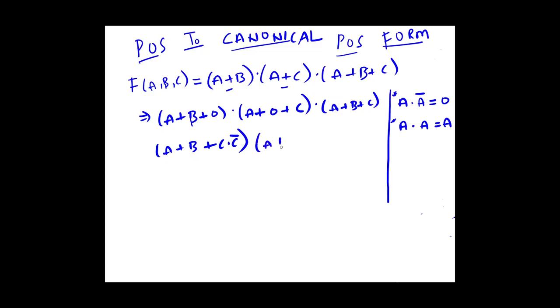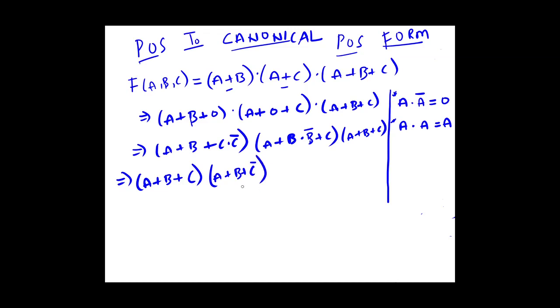Next, here A plus, in place of 0, I'm replacing it with B into B bar, plus C. Next, here you already have A plus B plus C. Then from the first term I get (A plus B plus C) into (A plus B plus C bar).